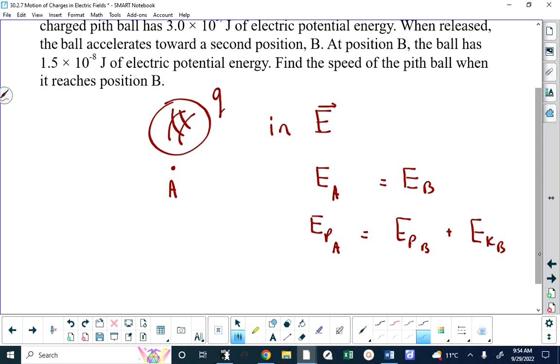So if I take 3 times 10 to the negative 7 joules at A, that's potential, equals 1.5 times 10 to the negative 8 joules at B, that's potential. I can use that idea to find the kinetic energy at B. And I want to say you're going to get 2.85 times 10 to the negative 7.